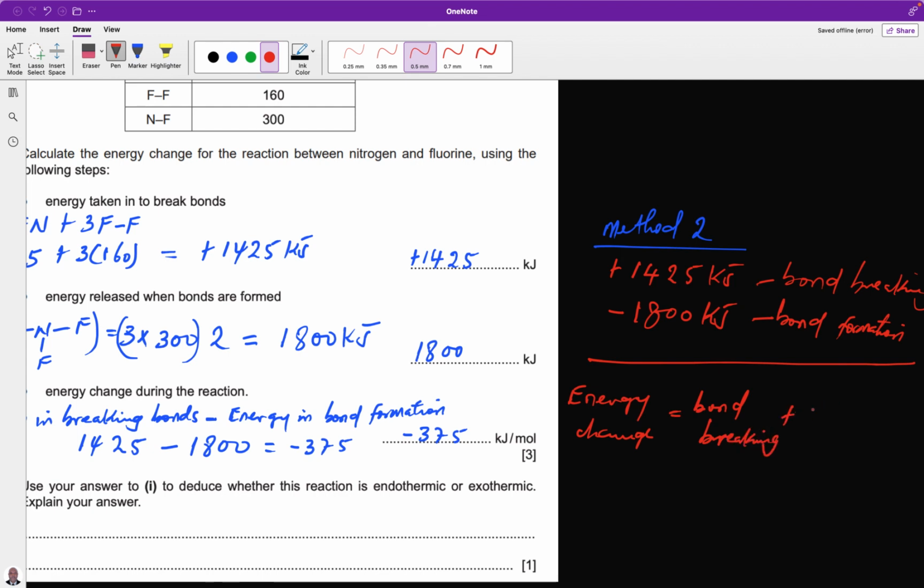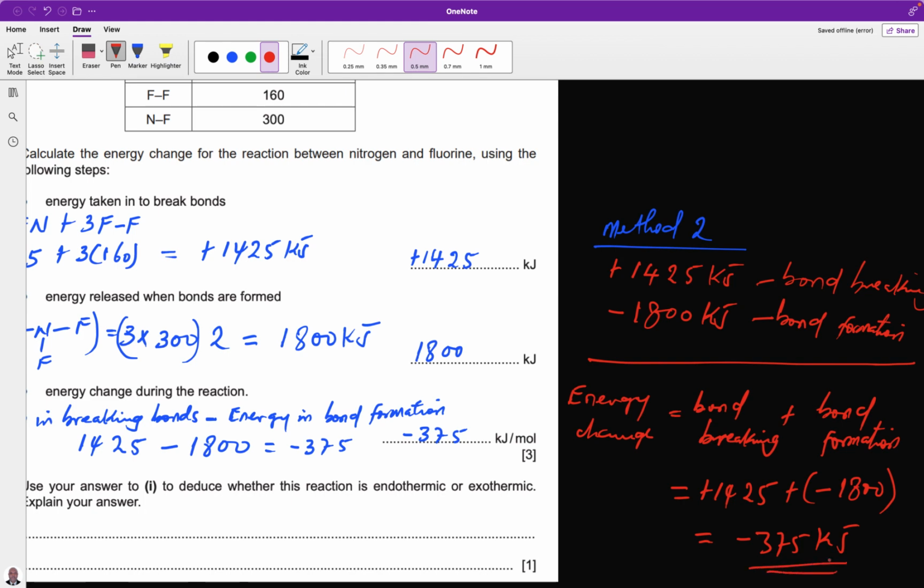And the formula and the answer will be what? Plus 1425, we are just adding it, plus negative 1,800. It will still be negative 375 kilojoule.